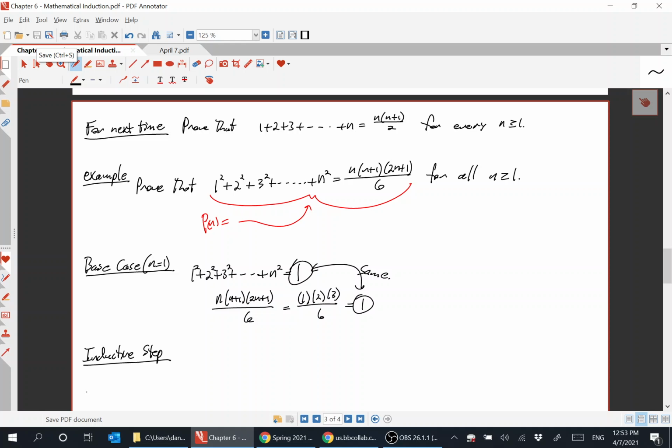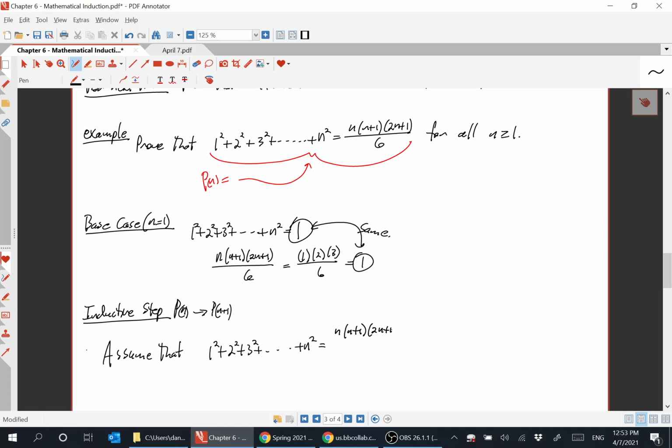Okay, so inductive hypothesis. Assume that 1 squared plus 2 squared plus 3 squared plus up to n squared is equal to n times n plus 1 times 2n plus 1 over 6 is true for some n bigger than or equal to 1.